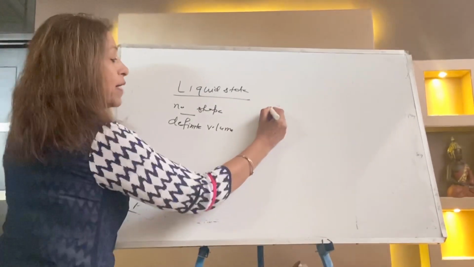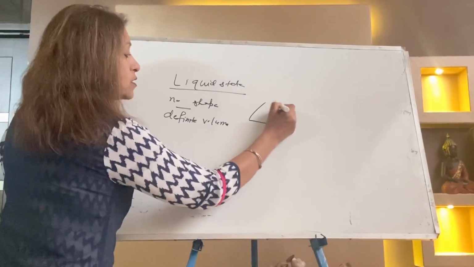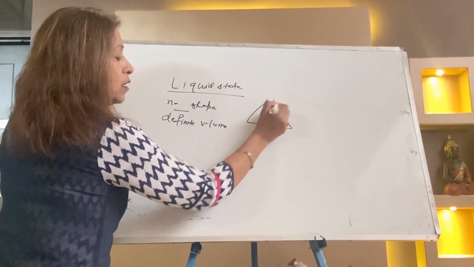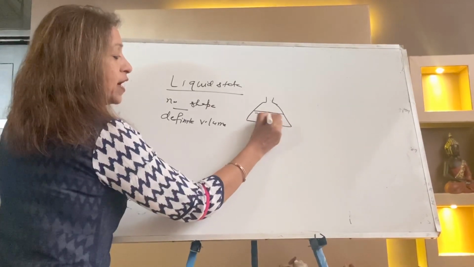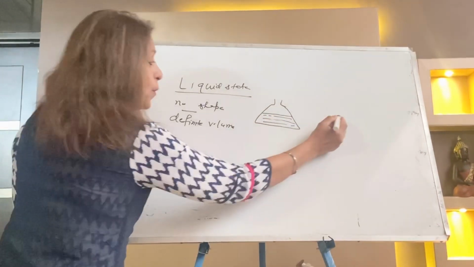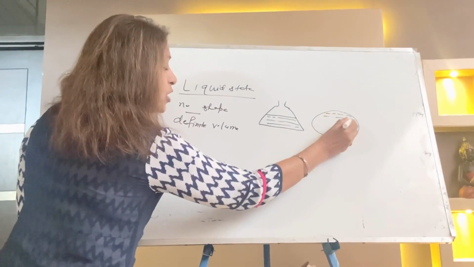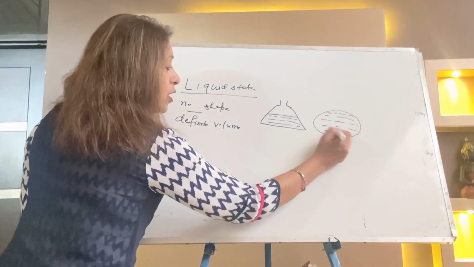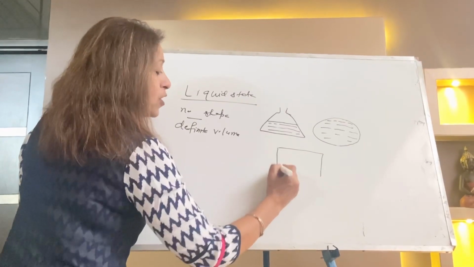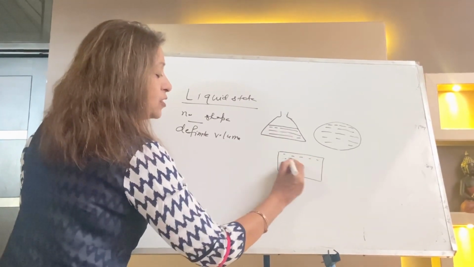Now if I put my liquid in this conical flask, it will take the shape of the flask. If I put my liquid in a round flask, it will take the round shape of the flask. If I put my liquid in a square box, it will take the shape of the box.